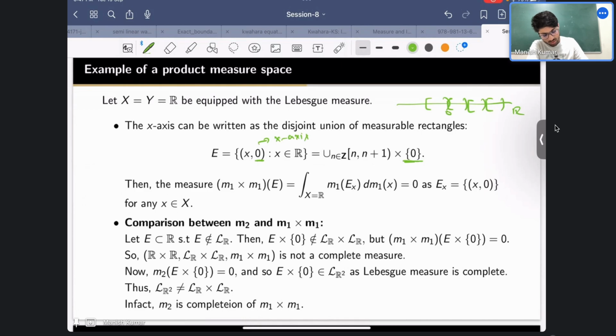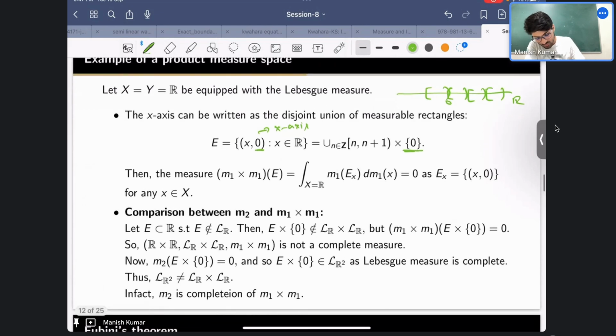So E is now a subset of X cross R in some sense. So this is your X, this is your Y. Now I am asking, what will be the measure of this thing in product measure?